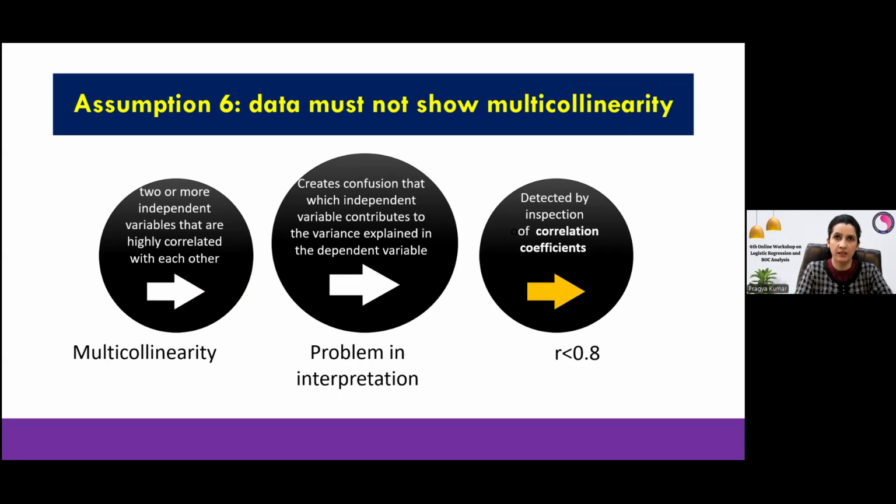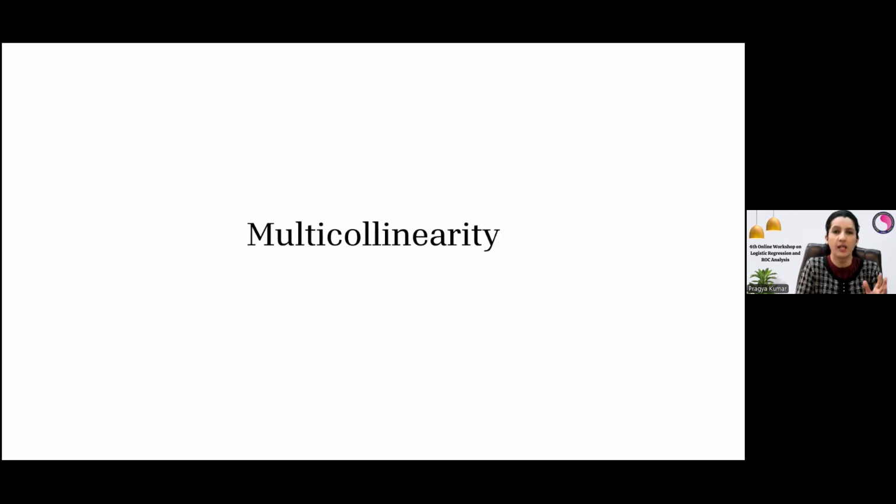Because of multicollinearity, there can be a problem in interpretation. If the value of R, which is the Pearson's correlation coefficient, is more than 0.8, that is a problem. It should be less than 0.8. But generally in Jamovi or in SPSS, we do it by VIF and tolerance.